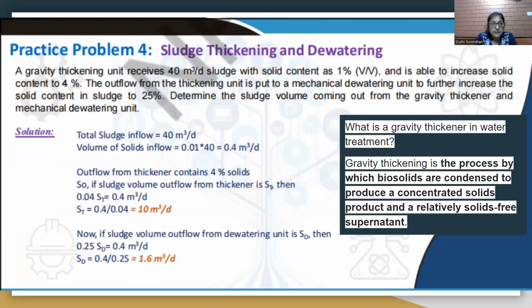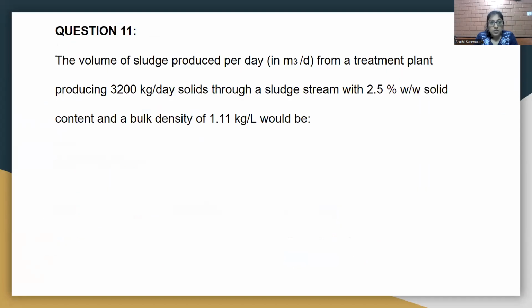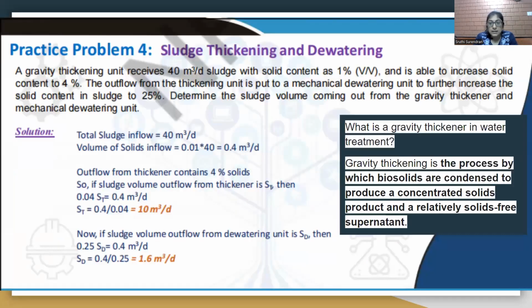Now moving on to the 11th question. Before moving on to the 11th question, I would like to talk about sludge thickening and dewatering, or sludge formation. Whenever all these treatment processes occur, after sedimentation you have some deposits at the end.